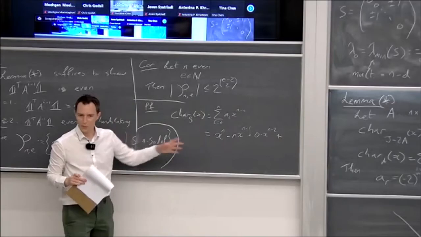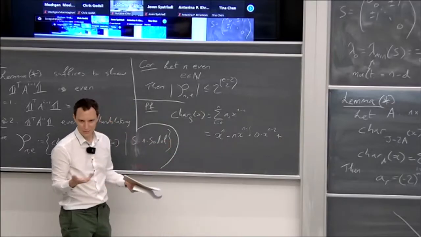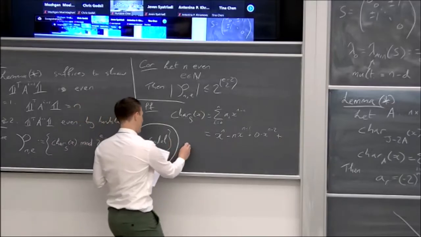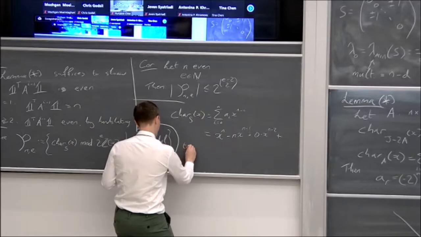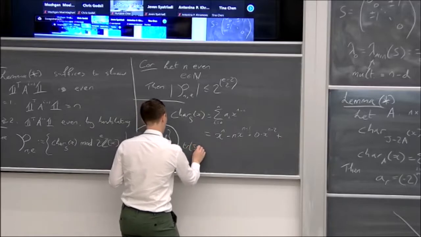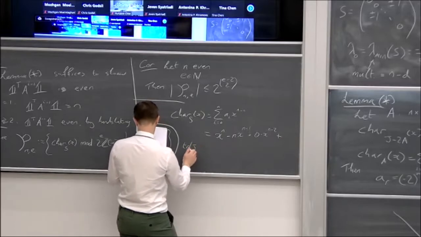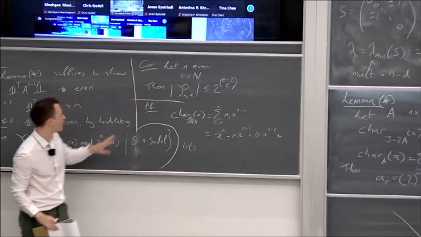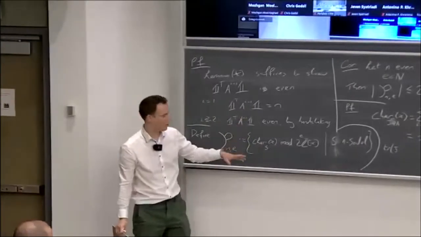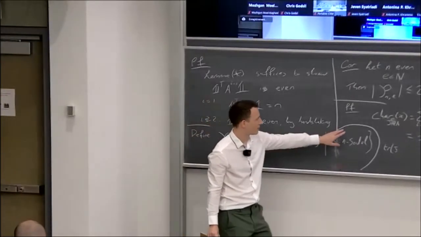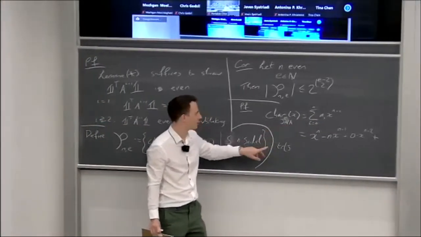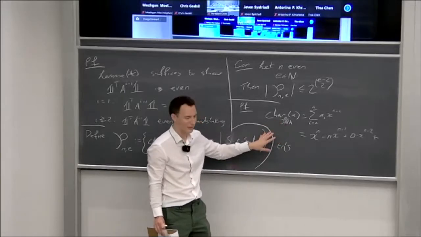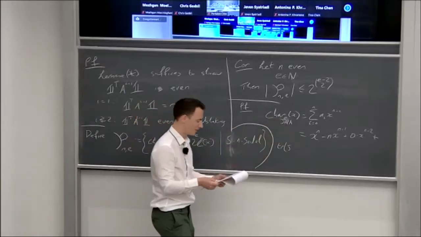Why do we know that? Well, we know the trace, and the trace squared, or to be more precise, we know the trace of J minus 2A. So I'm doing a bit of a shift from Seidel matrices to this J minus 2A, because this has nice divisibility properties. It doesn't cause any problems when we count.